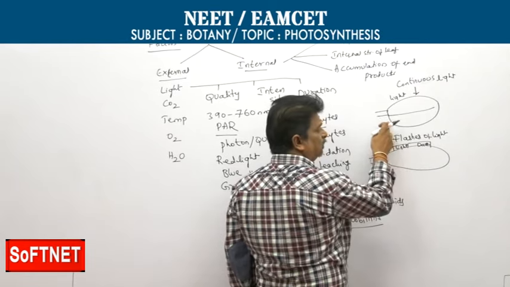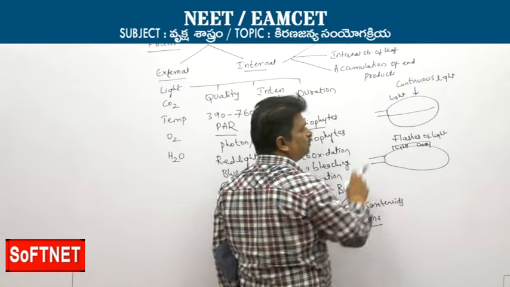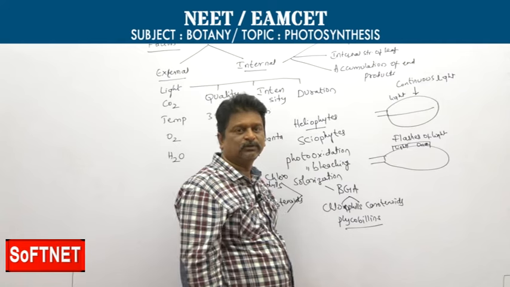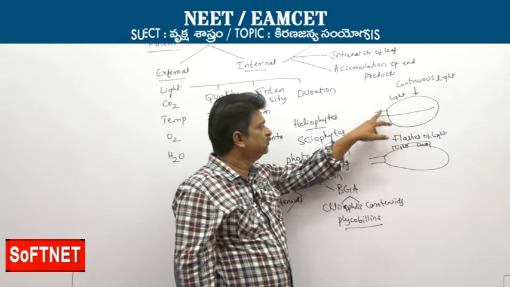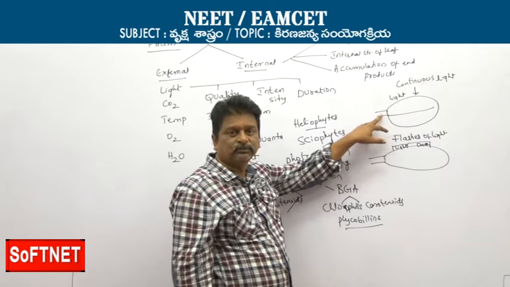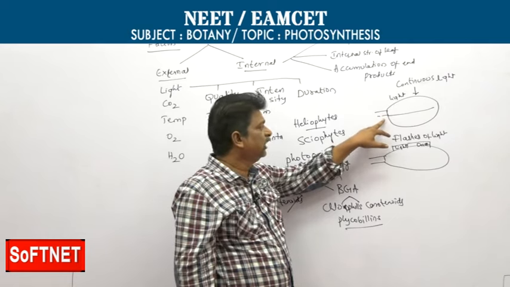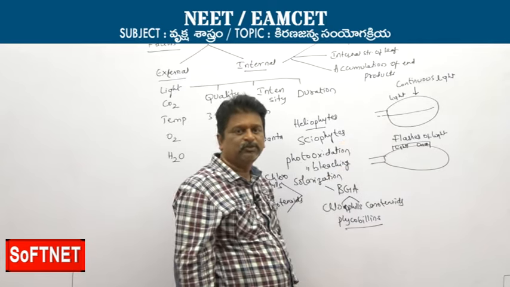Why? The rate of photosynthesis is directly proportional to the rate of translocation of food. If light is continuous, more food materials are accumulated, and they block the active sites of enzymes. That is called feedback inhibition.